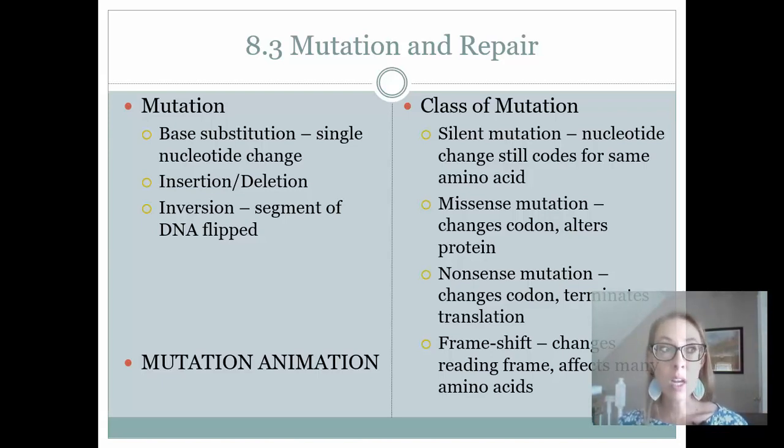So not only are we going to have just the wrong amino acid, we're going to prematurely terminate translation. So we're going to end up with a much shorter protein than we would need. So a nonsense mutation will very likely result in a non-functioning protein, and we'll see that manifested.